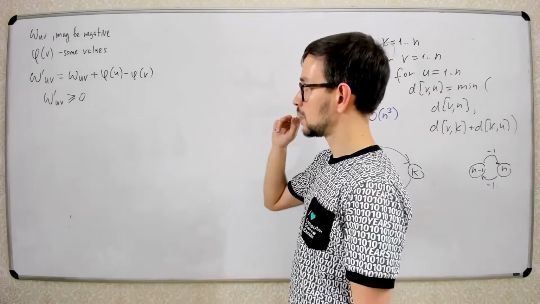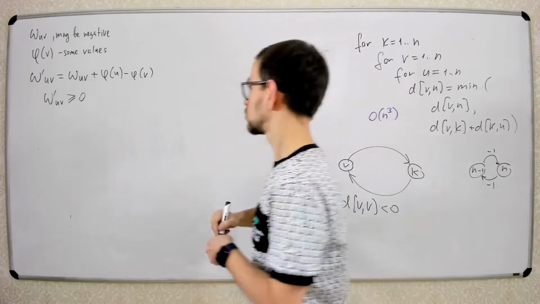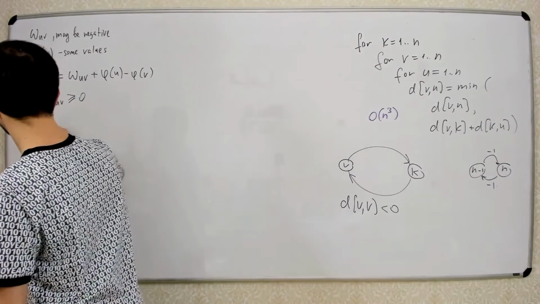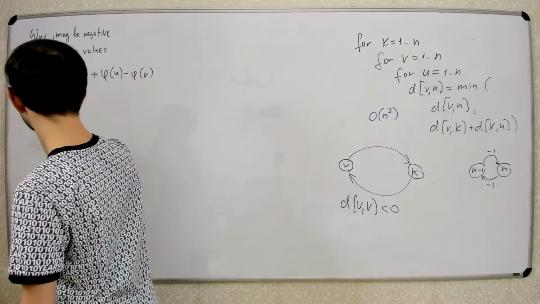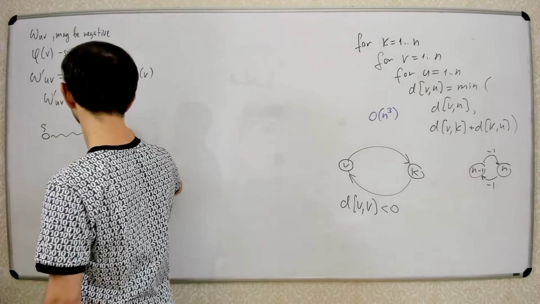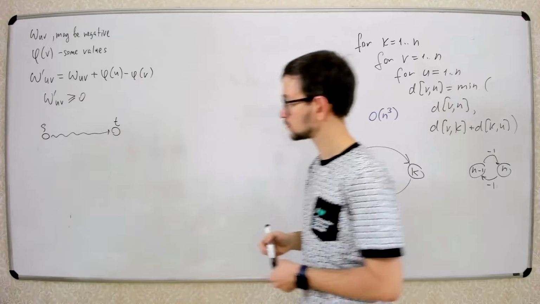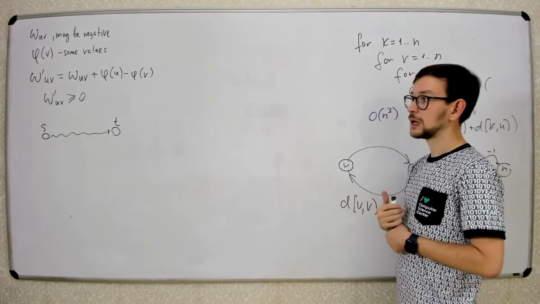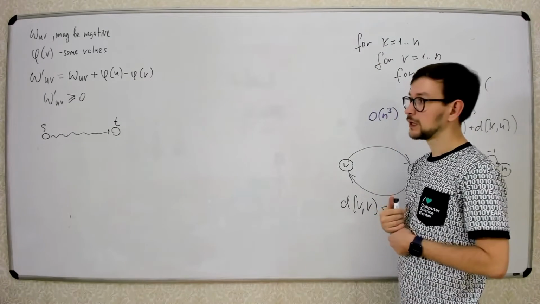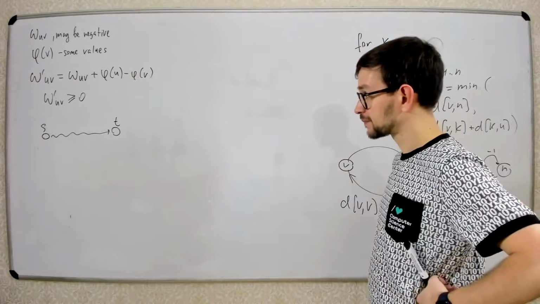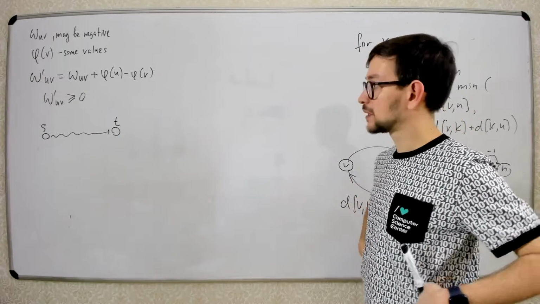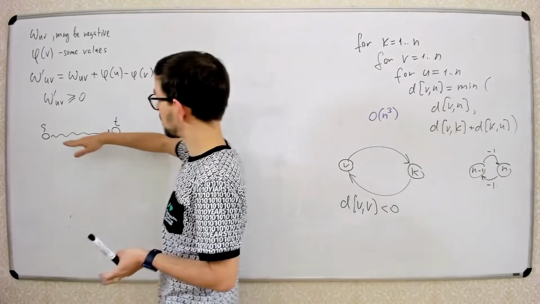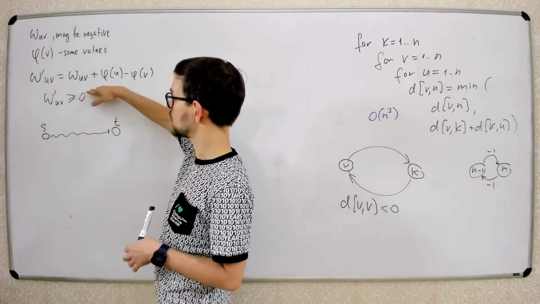So what will we do? We will look at some path. Let's take a path from S to T. Now, if you look at this path, let's find its new weight. What will be the weight of this path in this modified graph?